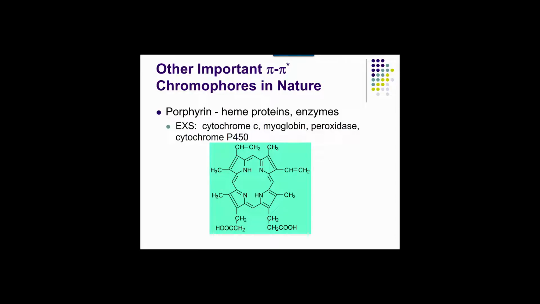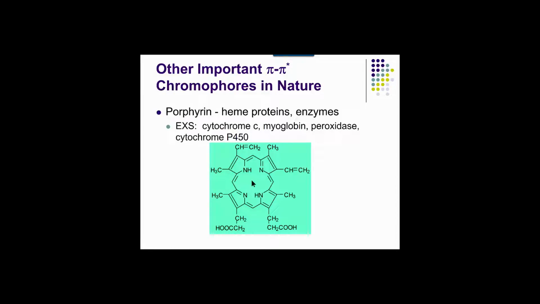Here's another example of an important chromophore found in nature. Many proteins and enzymes are based on a heme structure. A heme is a porphyrin, and the porphyrin is what's depicted on the slide, into which an iron inserts itself in the center. The iron binds to the four central nitrogens.